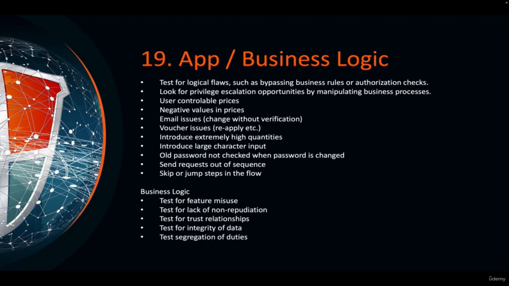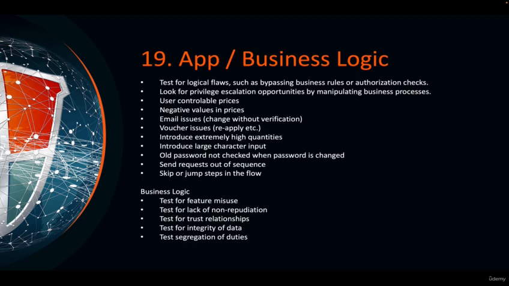You can change your email once you're an authenticated regular user to someone else's email without verification, and then you may get extra rights, stuff like that. Voucher issues, that you may be able to reapply a voucher once and then if you put another voucher in and then you use the original voucher again, it works, and those kind of things, right?